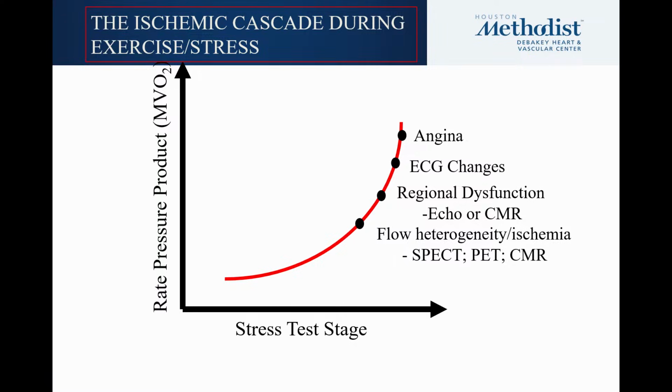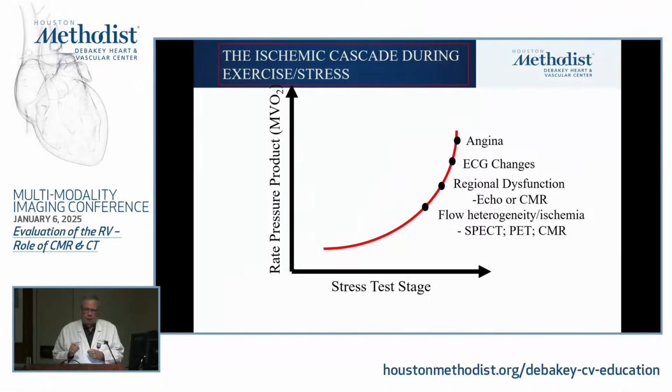That's where the nuclear technologies like SPECT and nowadays PET come into play, and CMR is also able to evaluate blood flow. So any technology that can assess blood flow should be able to pick up this type of disturbance and be quite sensitive.